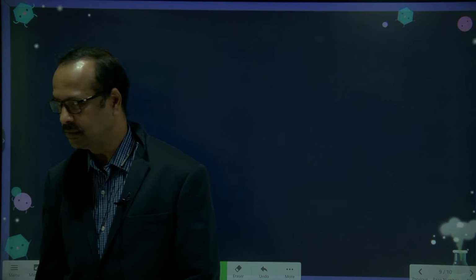The basicity of NaOH is 1, sir. Yes, it is 1. So gram equivalent weight is 40. Next. Now weight how many grams? 0.2 grams. So normality is weight by gram equivalent weight into 1000 by volume in ml. Chalo, calculate now.